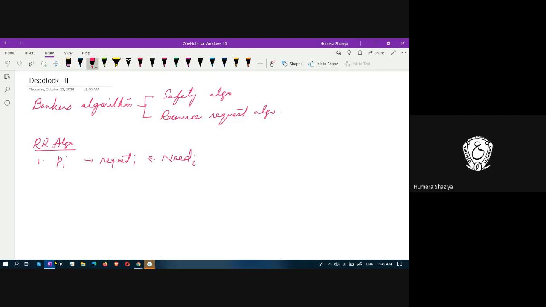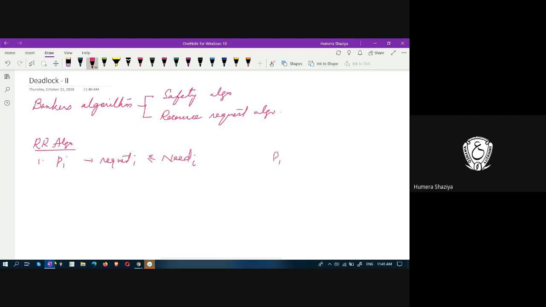That is maintained. Therefore, whenever a process makes a request, it is checked whether the request made by process PI is less than or equal to its total needs.